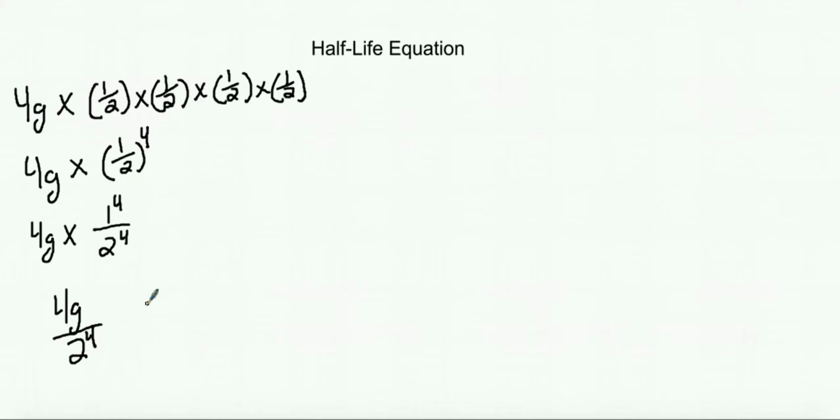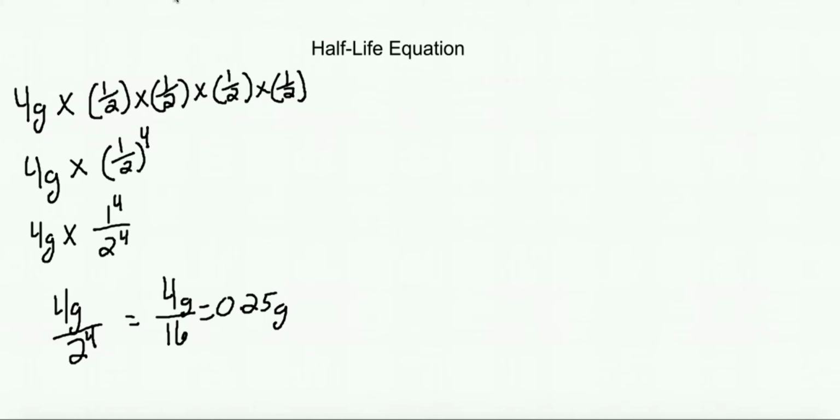So if we check this out here, we have 4 over, well, 2 to the 4th is 16. Well, that's 0.25. 4/16 is just 1/4, which is exactly what we got in the end.